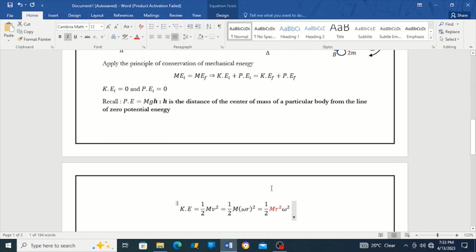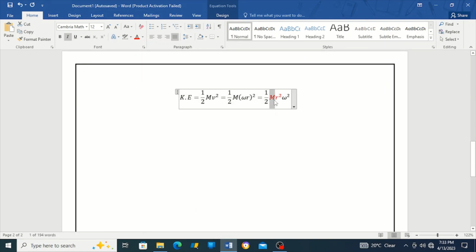It's the same concept here. So m r squared defines the moment of inertia of that body. So we have I, multiplied by omega squared.